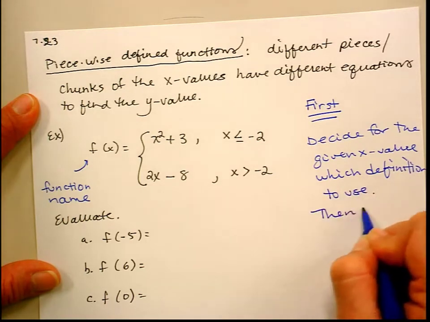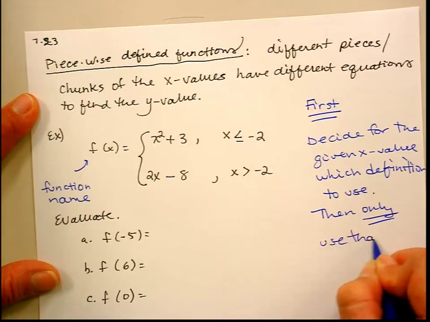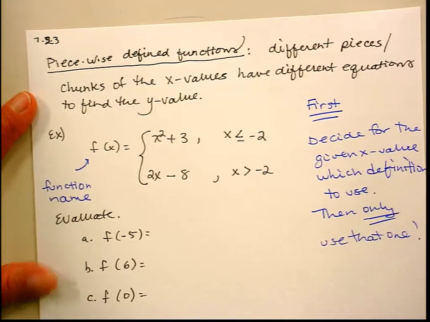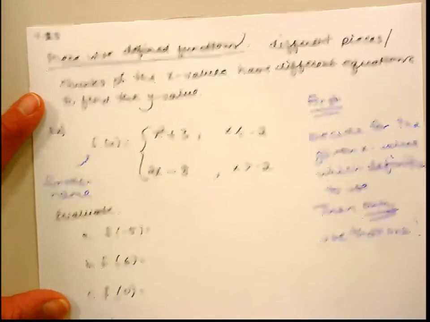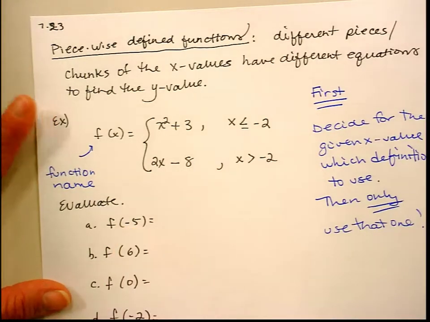Then only use that one. So you make your decision first based on the x value that you have, and once you've made it, don't look at the other one.